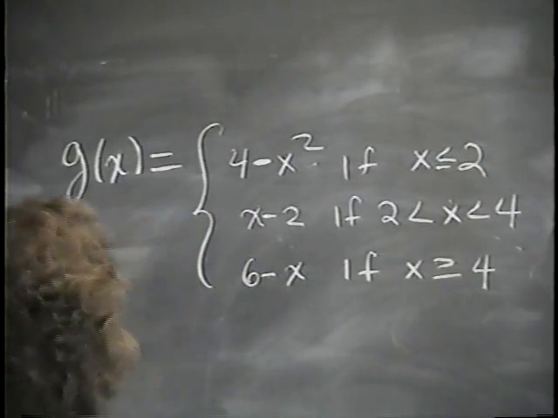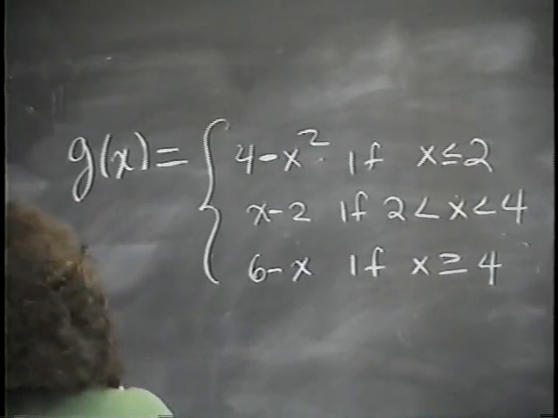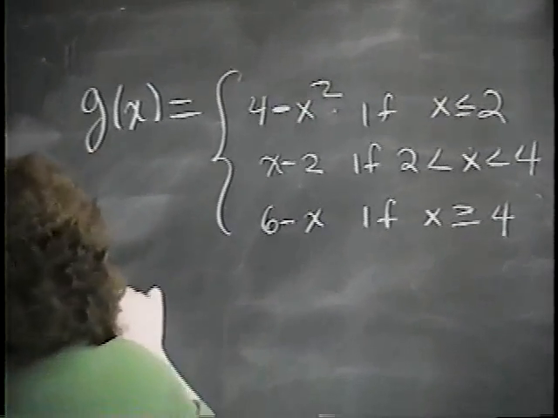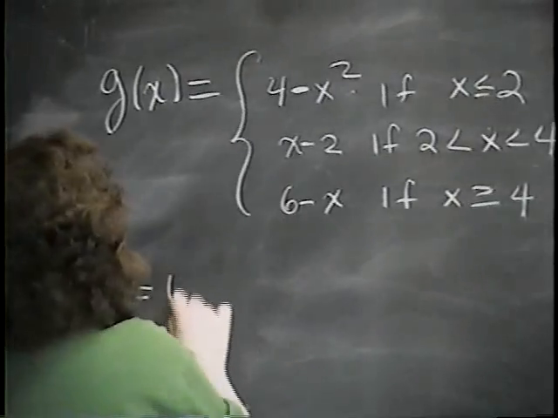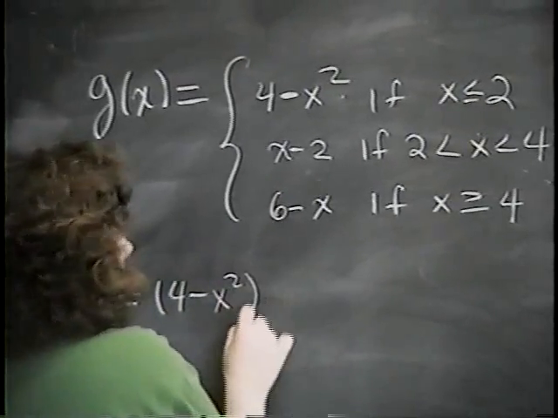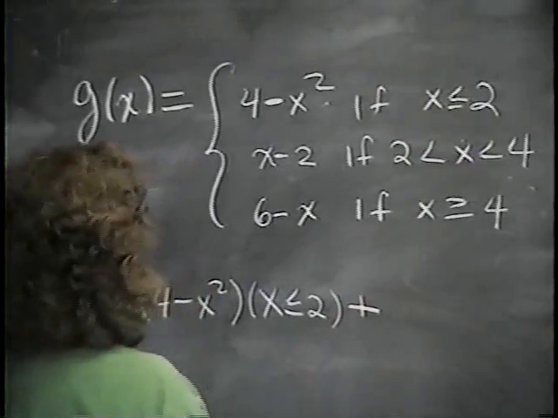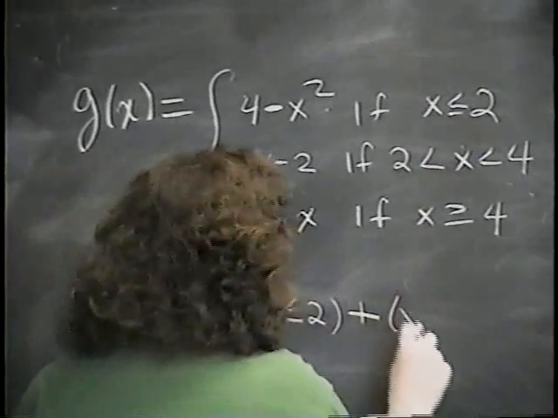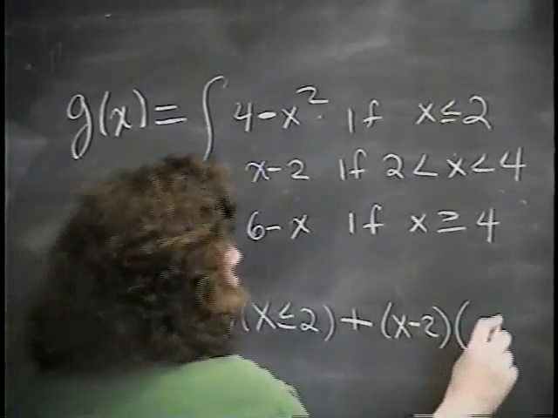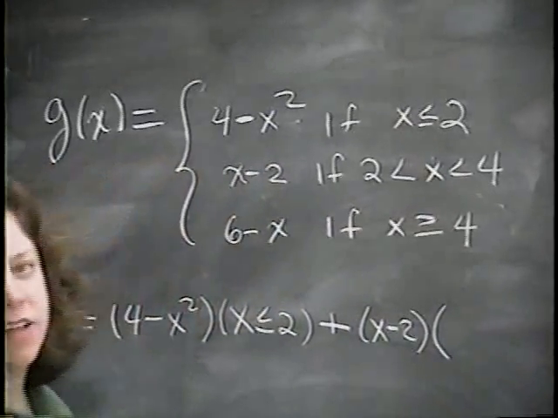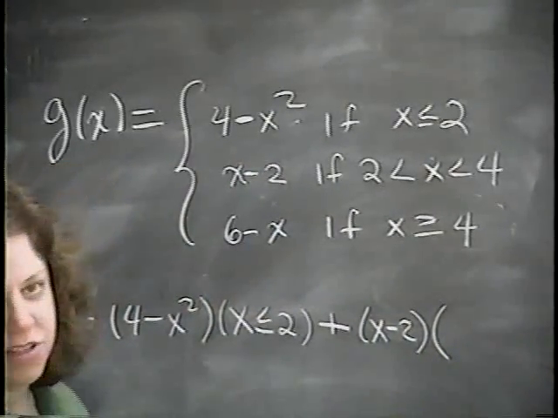Okay, this should be entered in the following way. y1 or y2, whatever you're using. 4 minus x squared, just like before, x less than or equal to 2, plus, now, x minus 2. You could enter 2 less than x less than 4, but the calculator would not understand it.